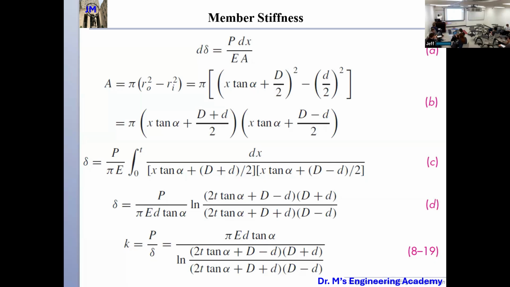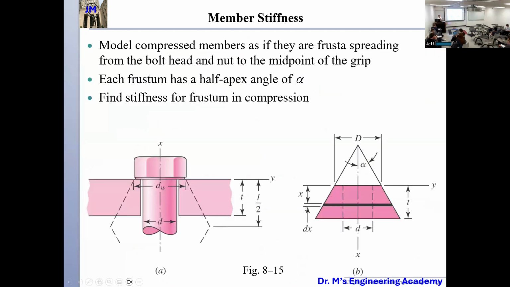And we know that. Then we look at this infinitesimally small segment, delta x, dx. Just look at the dx. For this dx, epsilon equals sigma divided by E, and equals P divided by A times the Young's modulus. So what is the deflection?